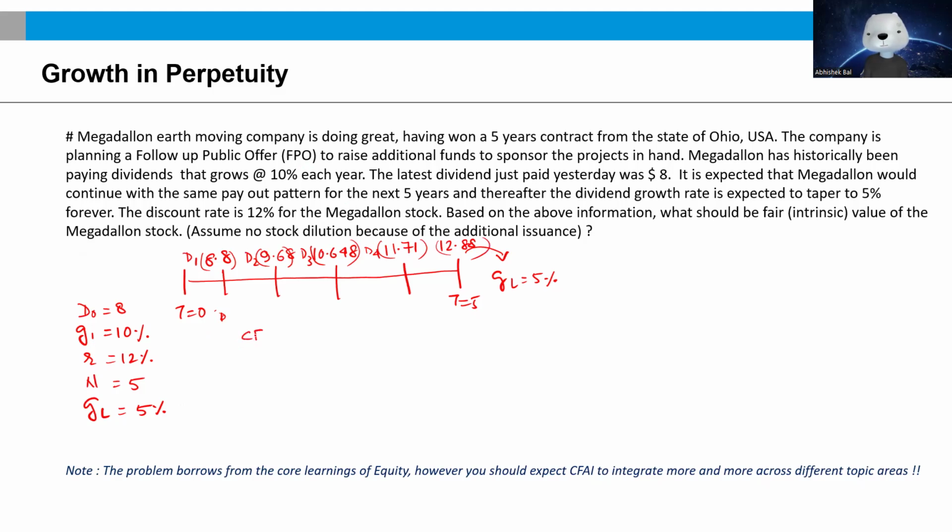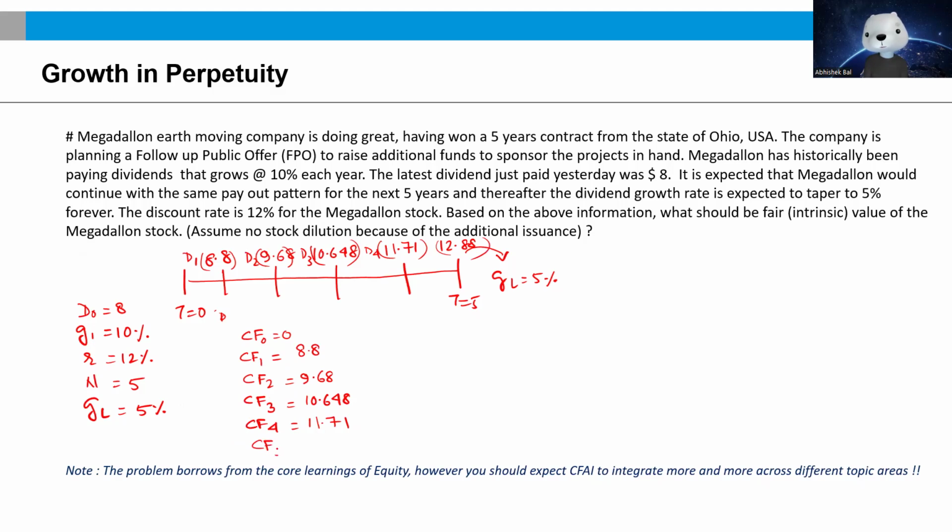So we have CF0, obviously, is going to be 0. You have CF1 as the first dividend, 8.8, which you'll have to feed in your calculator. CF2 is your 9.68. CF3 is your 10.648. CF4 is equal to 11.71.